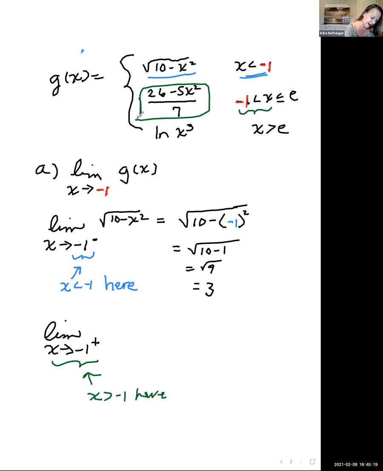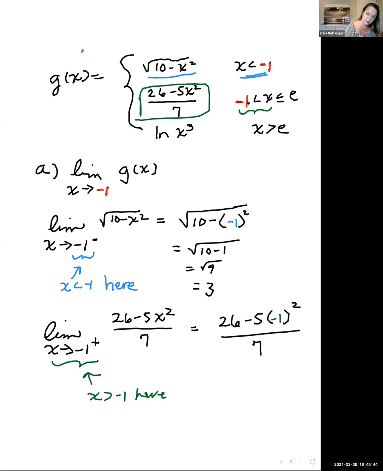So here we're going to write 26 minus 5x squared all over 7. Do direct substitution, and wherever you see an x, we're going to plug in that -1. So you have 26 minus 5, parentheses squared, all over 7.